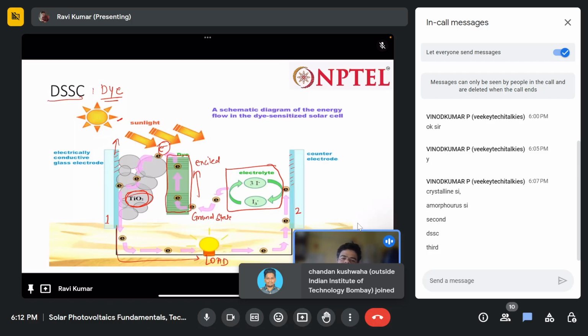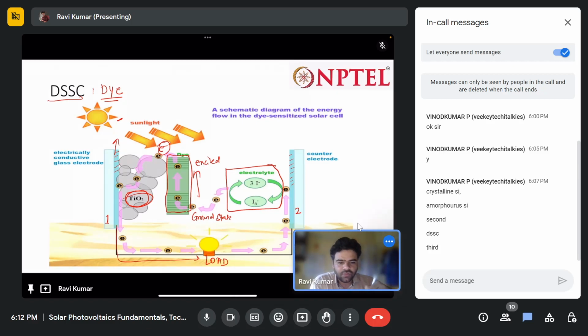This is one round of operation, so for continuous operation, the dye needs to come down into the ground state. For that reason we need an electrolyte. The electrolyte will give an electron and the dye will come to the ground state. The electron given by the electrolyte will be gained back through the outer load circuit, so this electron will come back here. This is the way the circuit is completed. So this is the dye sensitized solar cell.